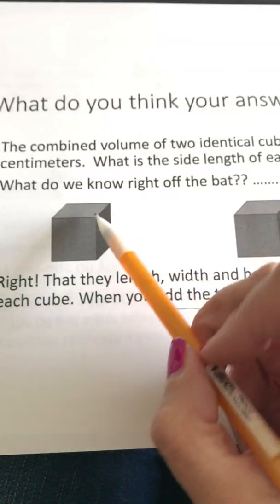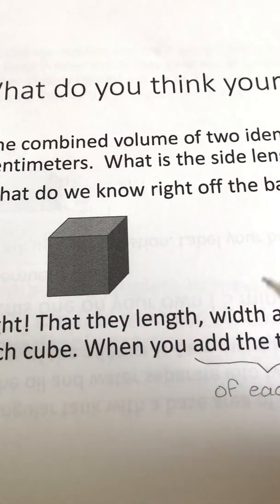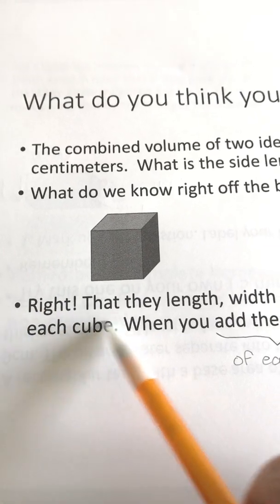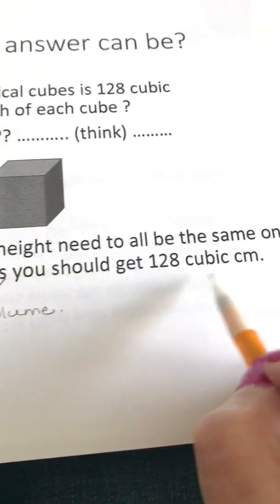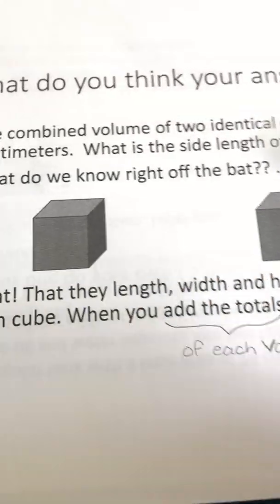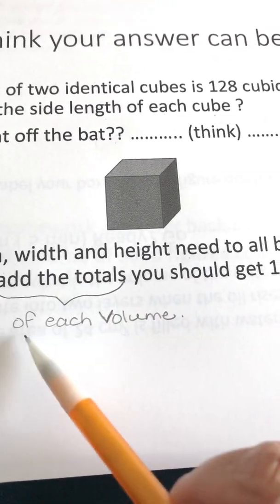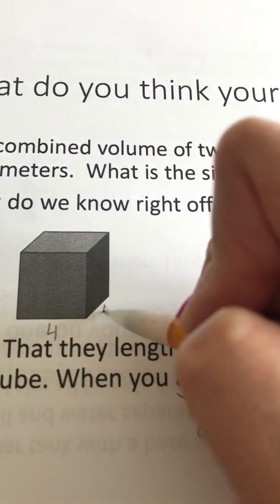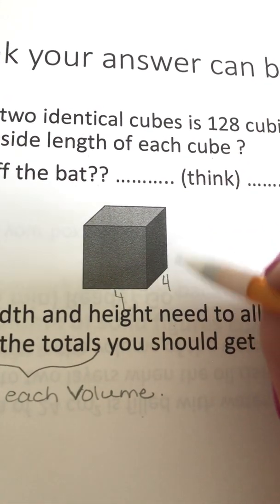That if you're looking at this box and this box, and this looks like a square to me, so that would mean that what? Maybe you said that the length, width, and height need to all be the same, if it's a square, of course, for each cube. When you add the totals of each volume, you would get 128 cubic centimeters. That's if this is 4, 4, and 4. And if this was 4, 4, and 4.